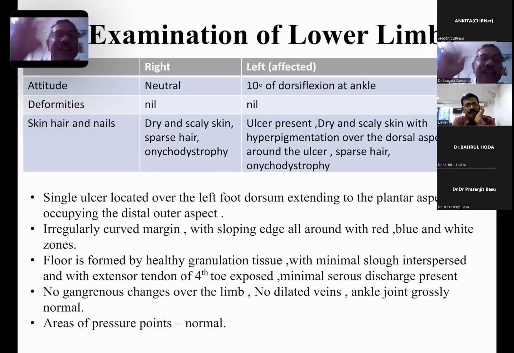So you have written deformities, nil. Now this is the time, Mahunda, we will ask about deformities of the foot. Tell me the deformities that are likely in a diabetic foot. But before that, shall we ask a little question as to diabetic foot? When does it start in a diabetic patient?